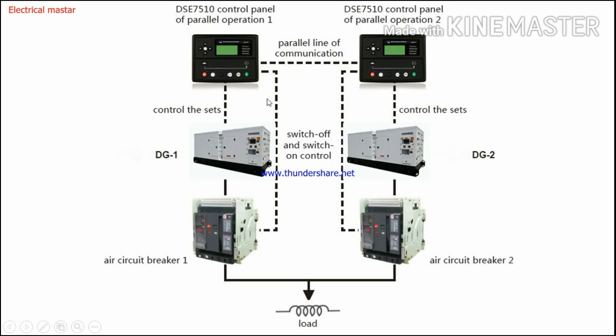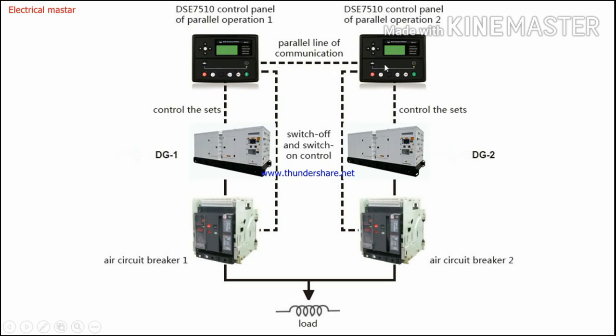For parallel operation, you have to additionally wire a parallel line of communication. See here, this plays the main important role in parallel operation. This DeepSeek controller controls this generator only, and this DeepSeek controller controls generator 2 only. But if you connect this parallel communication between the DeepSeek controllers, then the main generator 1 is able to control generator 2.